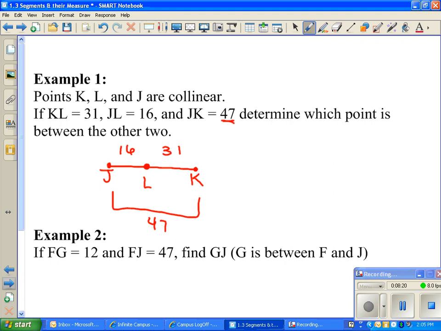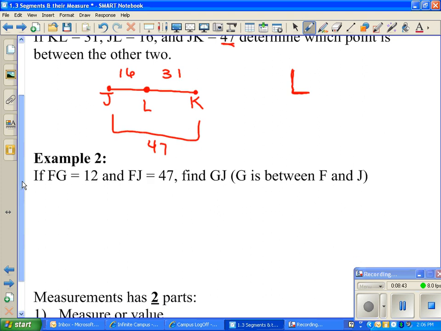How do you name a point L? Not a cursive L, but a capital L. Thank you. Guarantee you that's going to be on your test.